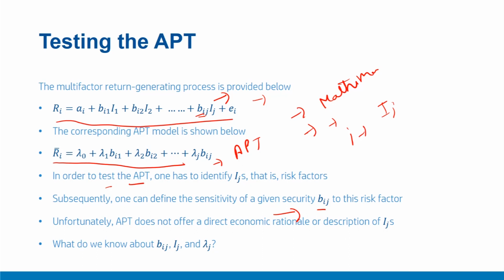One identifies these Bijs, which is the sensitivity of a given security to the risk factor. However, APT does not offer any economic rationale for these Ijs. Therefore, in order to define the complete model, we need to understand what Bij is, what Ij is, what lambda j is, and what their roles are in this return generating process and APT model.